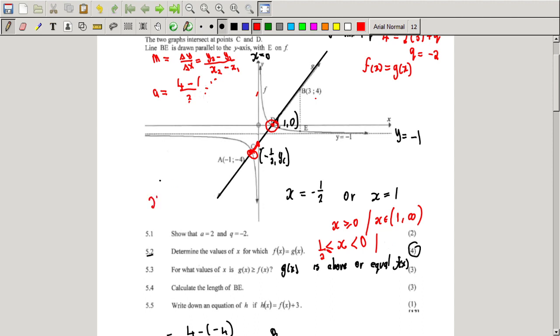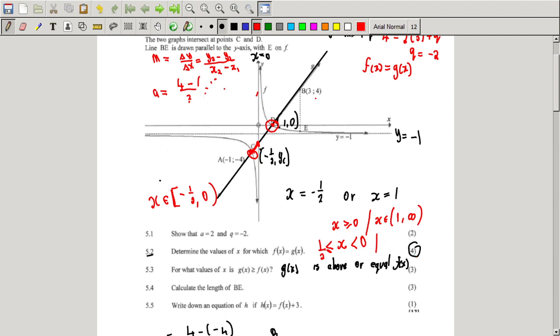We write this bracket to show that we include -1 over 2, and also 2 up to 0. We don't include 0 because the function never touches 0, it just approaches.